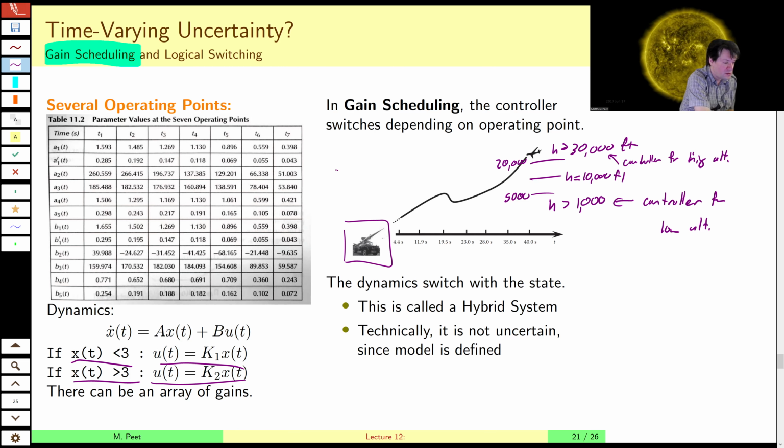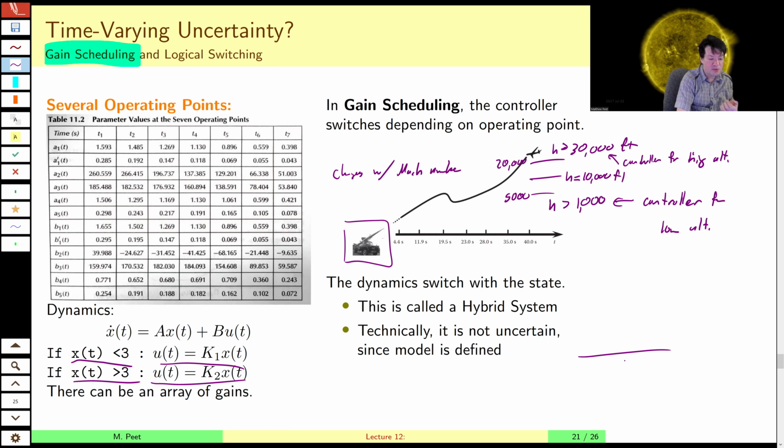It changes with Mach number. The switching, the transition between one controller and another, creates instantaneous changes in the dynamics as you move below or above this threshold.